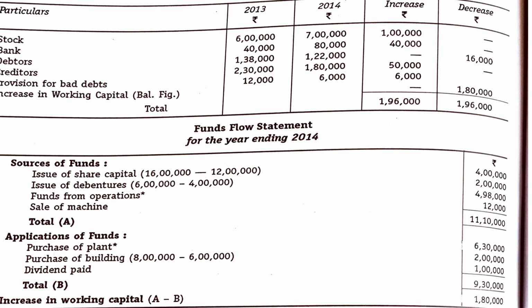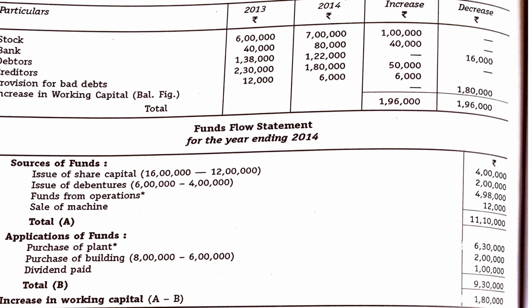Then prepare the schedule of changes in working capital by considering the total current assets and current liabilities. See, in this problem we have stock, bank, debtors, creditors, provision for bad debts. These are the current assets and current liabilities which are in the problem. First, take the current assets.